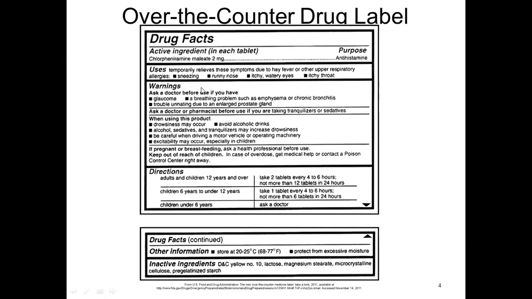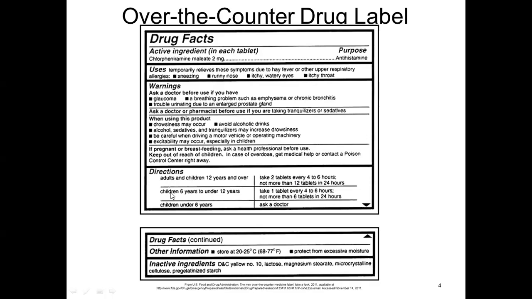Also, in the labeling, they write the direction of use of the medicine or medication. For adults and children 12 years or over, take 2 tablets every 4 to 6 hours.